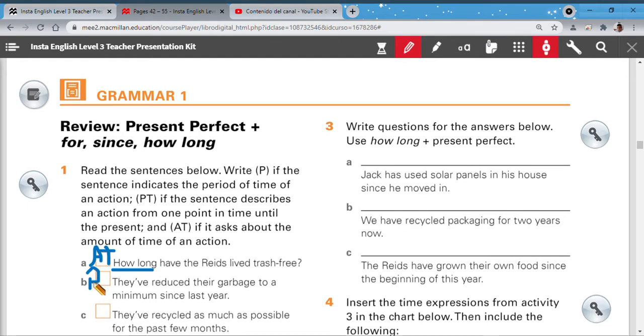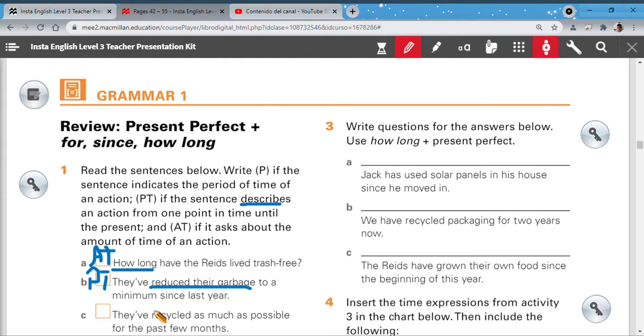Why, Mister, is it PT? Because it's a description. They've reduced their garbage to a minimum since last year.